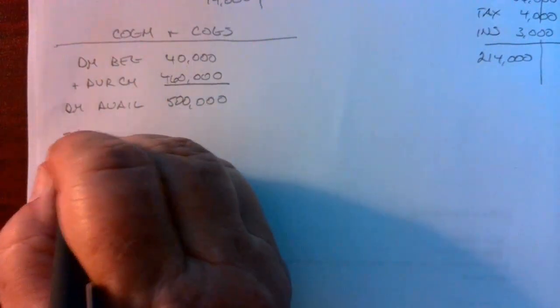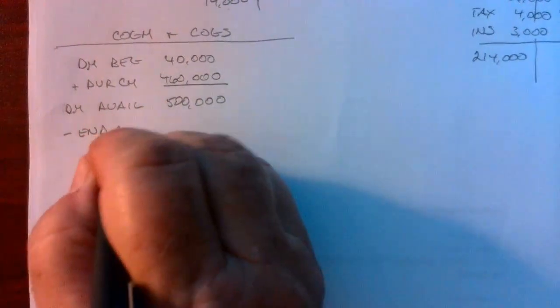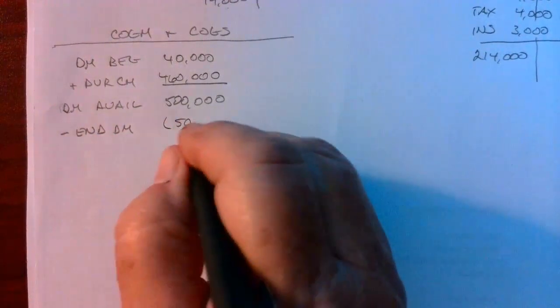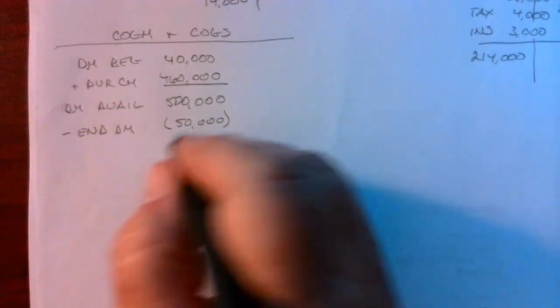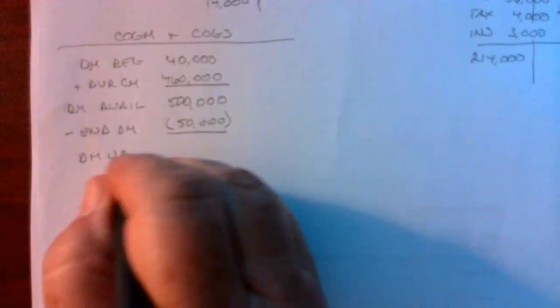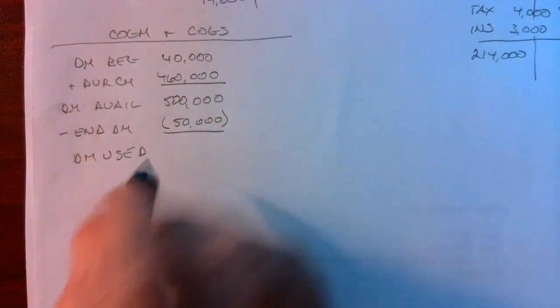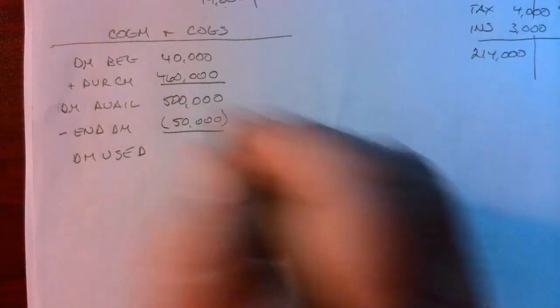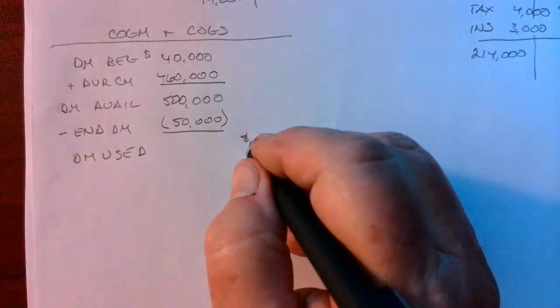Less ending direct material is 50,000. So then I'm going to say direct material used, okay? So, you know, remember you're going to pay attention to these labels. Direct material used, dollar sign here because it's the beginning of a new column.